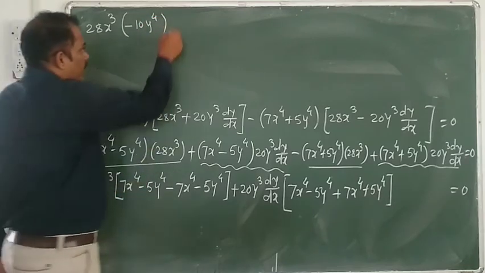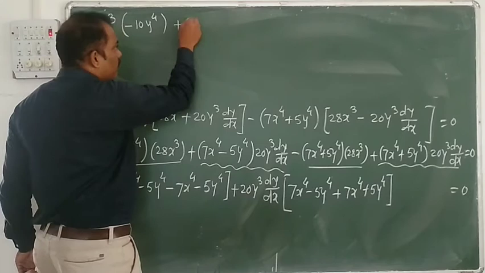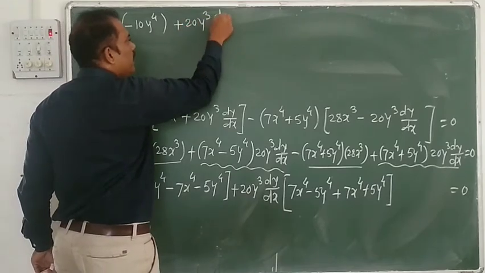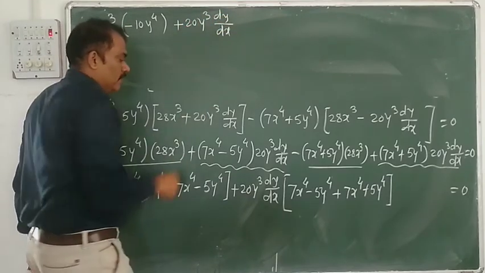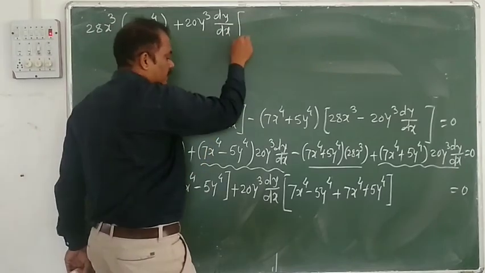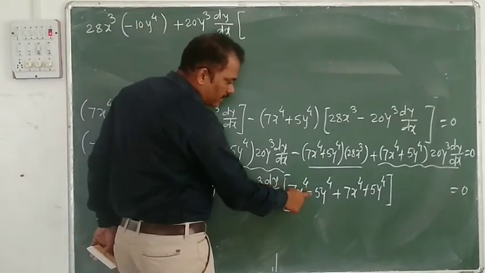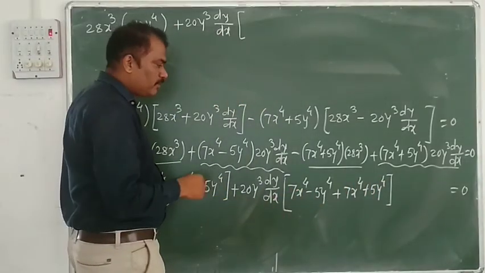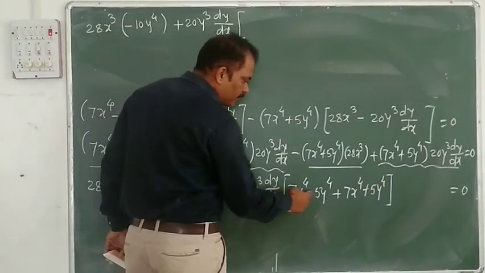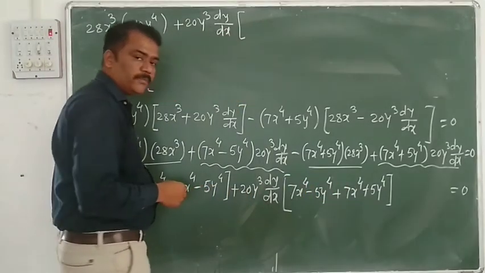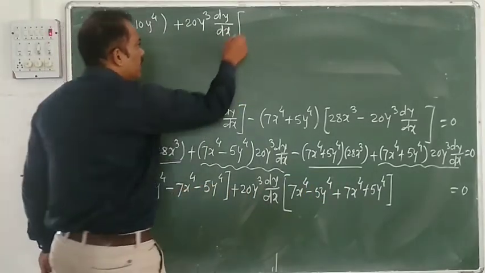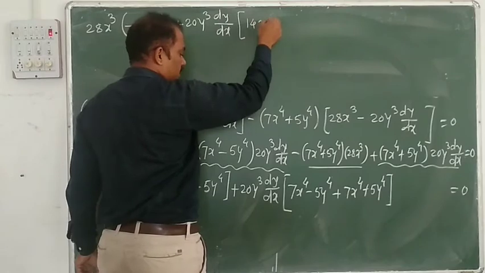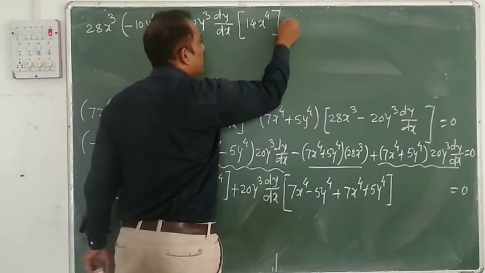Okay, plus this one 20y cube dy by dx into bracket. Here we also see that minus 5 times y raised to 4 plus 5 times y raised to 4 get cancelled due to plus minus. 7 times x raised to 4 plus 7 times x raised to 4, 7 plus 7, that is nothing but 14, that is 14 times x raised to 4 is remaining, is equal to 0.